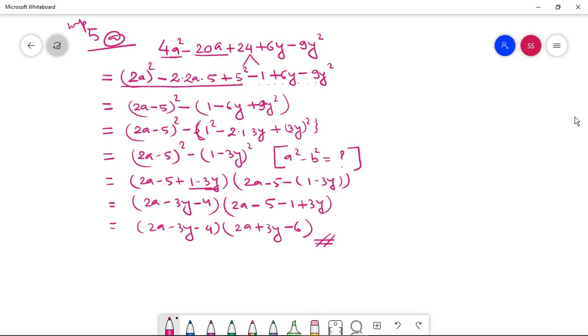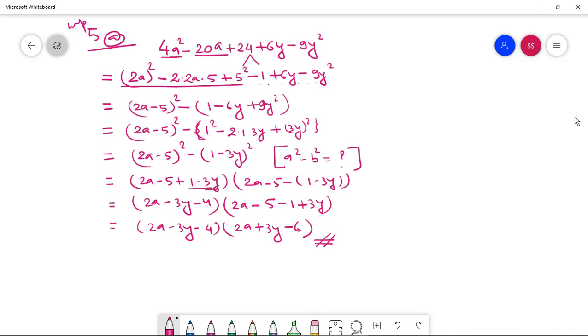So 1 is written as 1 square, minus 6y is written as 2 times 1 times 3y. 1 is the first term a, and 3y is the second term, and 9y square is also a perfect square, so I have written (3y) whole square. In the next step, I have copied the same: 1 square minus 2 times 1 times 3y plus (3y) square is (1 minus 3y) whole square.